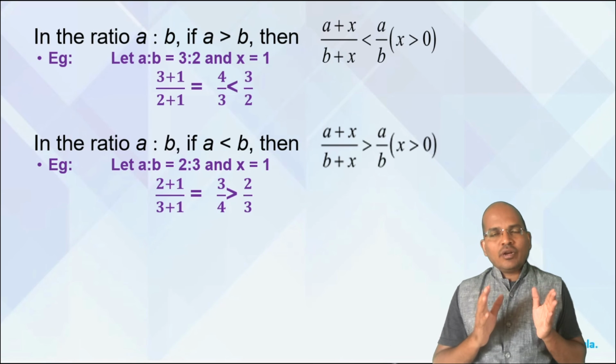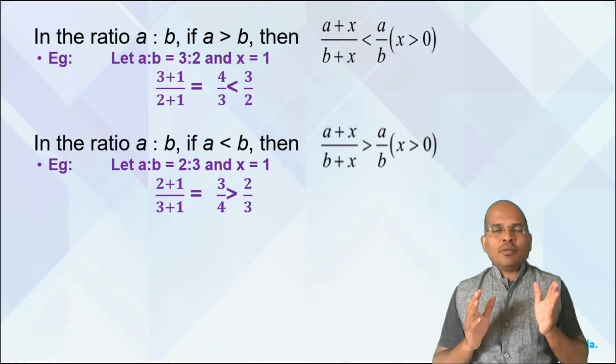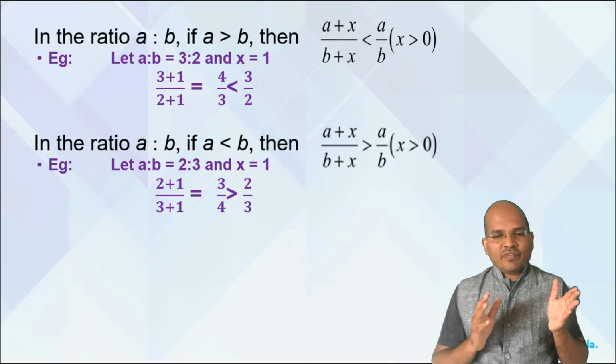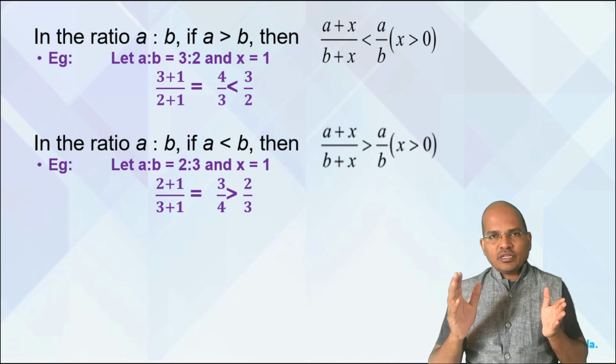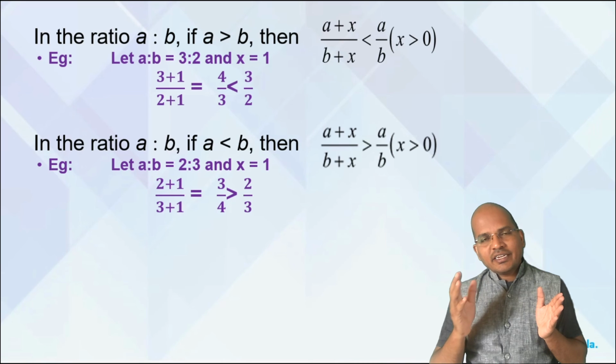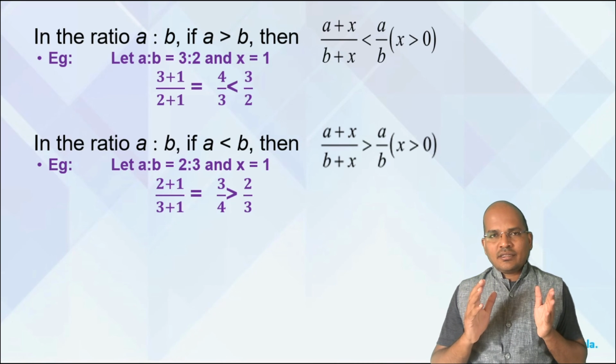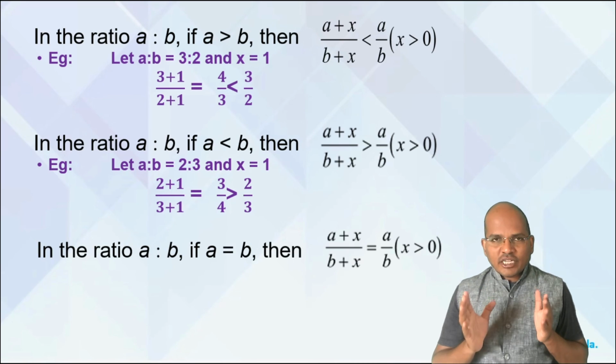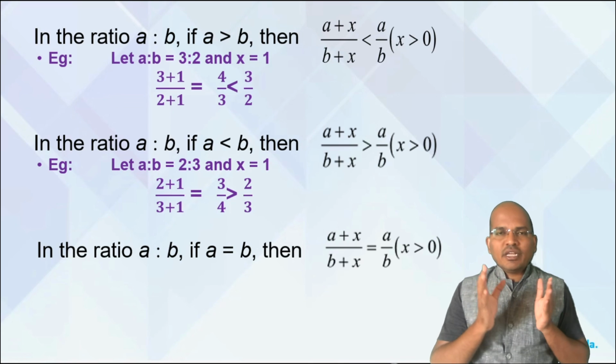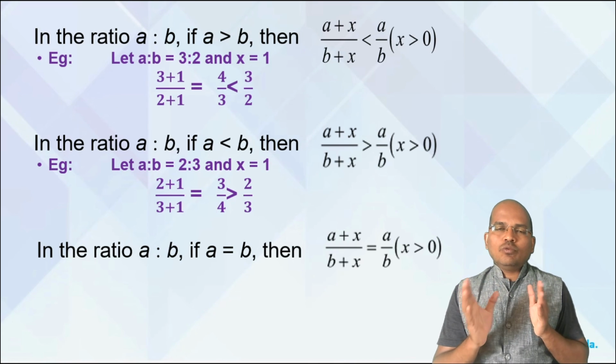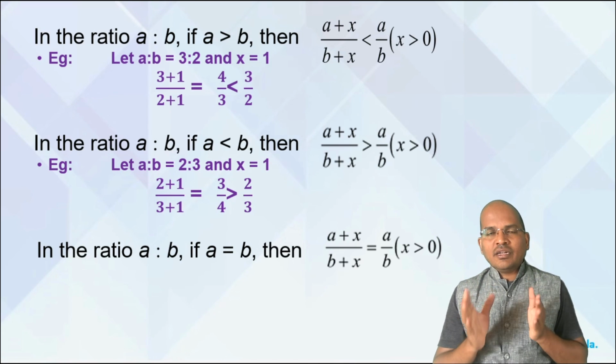This 3 by 4 is greater than 2 by 3. How? We have seen the value of 3 by 4 is approximately 0.75 and 2 by 3 is 0.66. So 0.75 is greater than 0.66, isn't it? Now we observe that when both the terms are equal, then adding a constant to both the terms will still result in the same initial ratio.